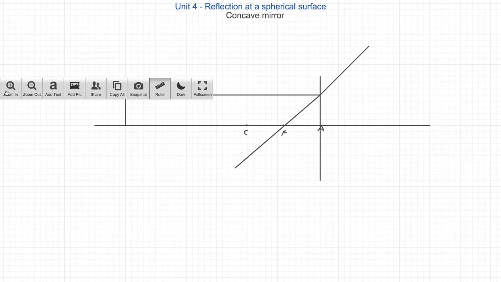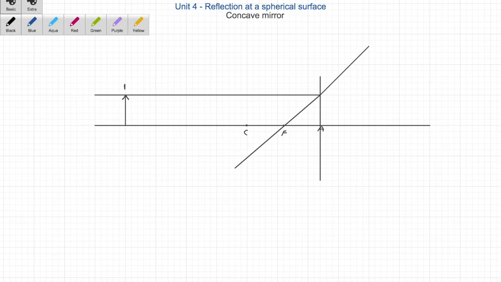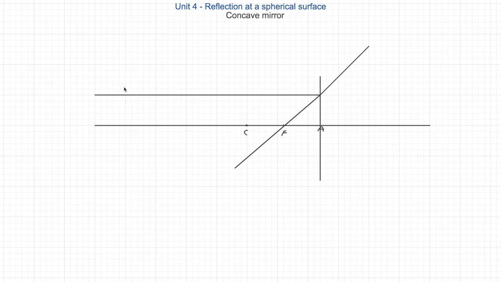And we're going to construct some objects now. A better idea might be to make our objects different colors and have their images match the colors so that we can differentiate them more clearly. So let's make our first object blue. And we're going to send a ray now from the arrowhead through the center and see where it intersects the line through the focal point, right there.